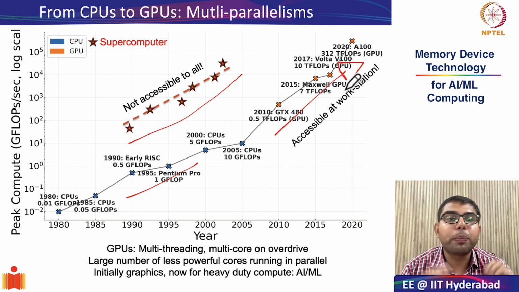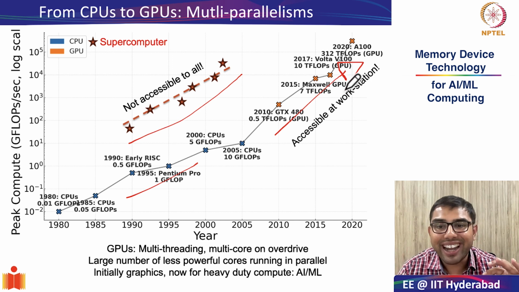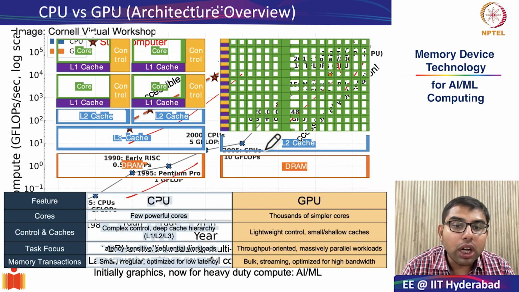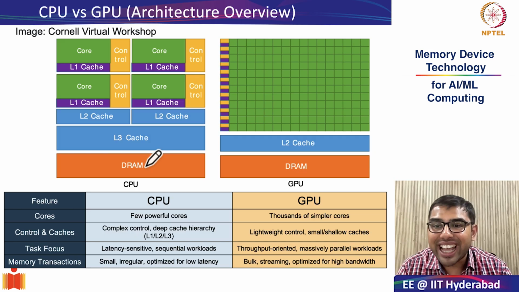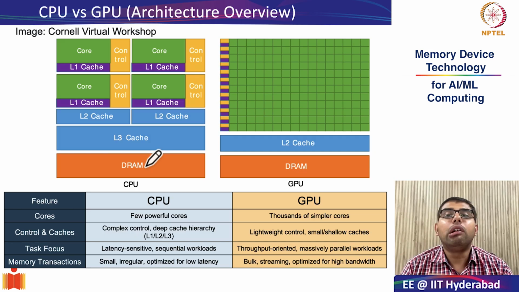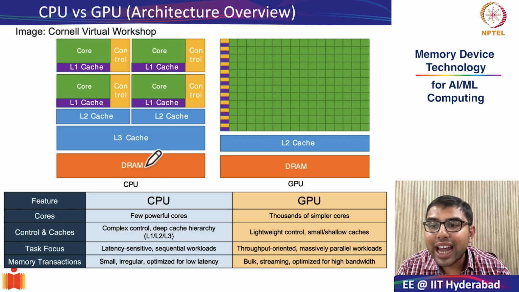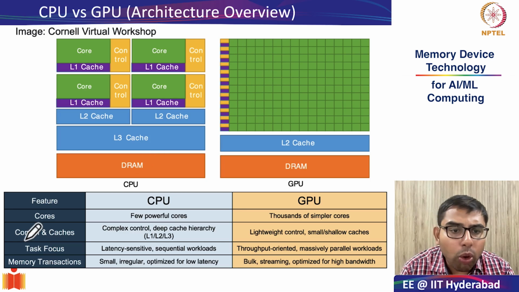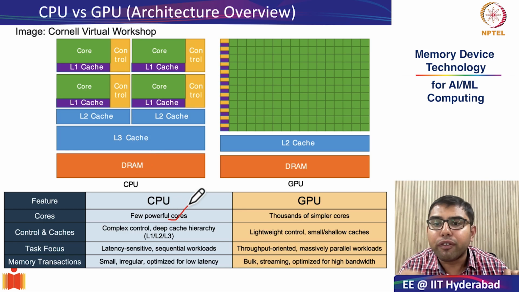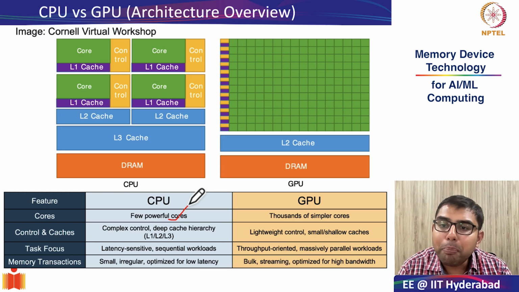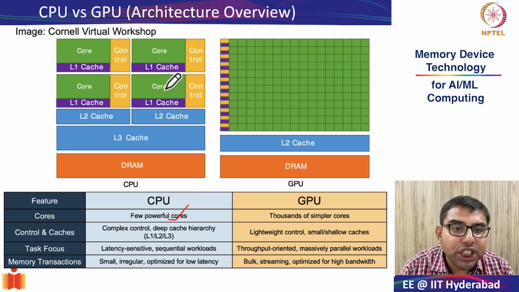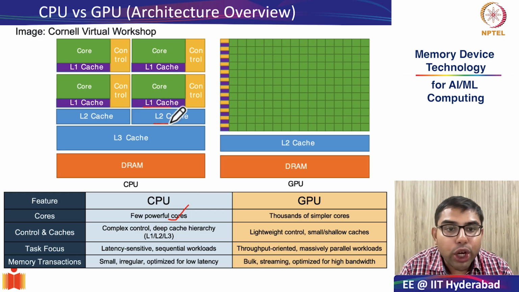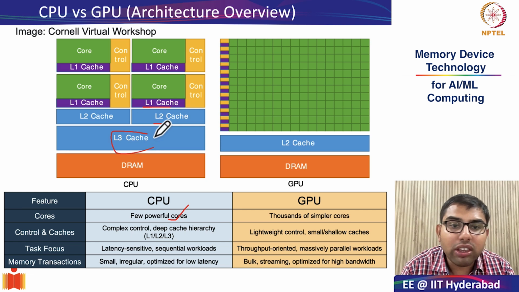So here in this particular diagram, we have compared the GPU architecture with your CPU architecture. And the key difference lies in how they organize compute cores and memory transactions. While a CPU has only a few cores, each with complex control logic and large multi-level caches, you can see these L1, L2 caches and the shared L3 cache.